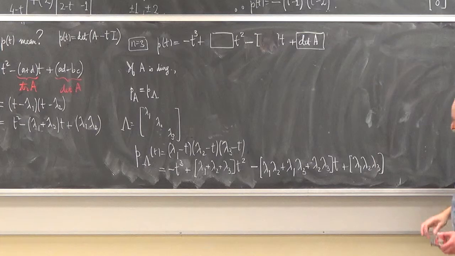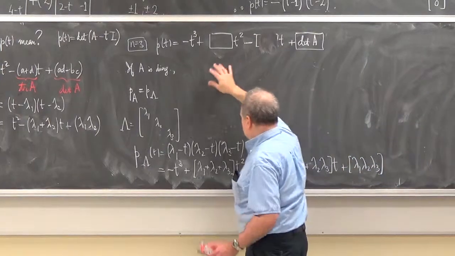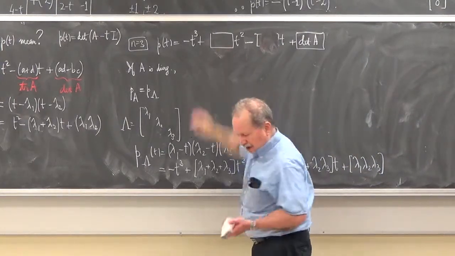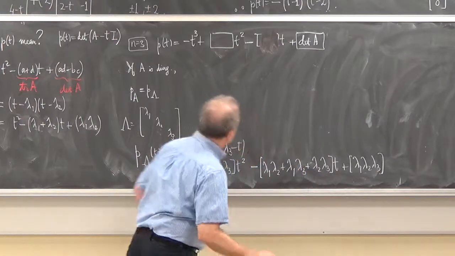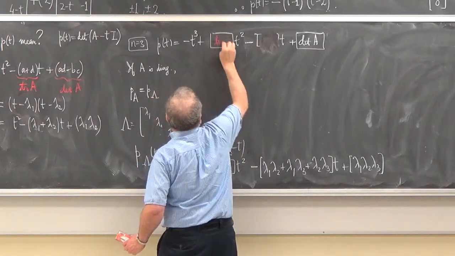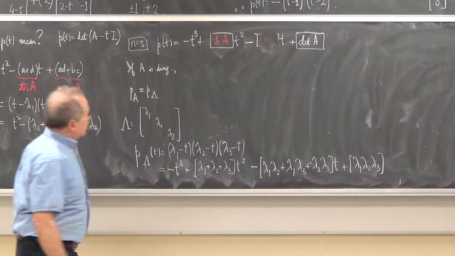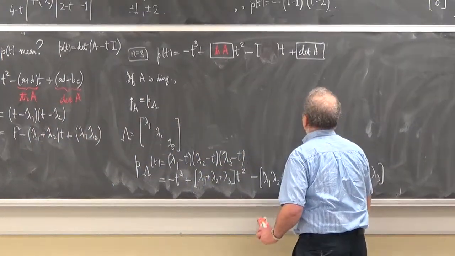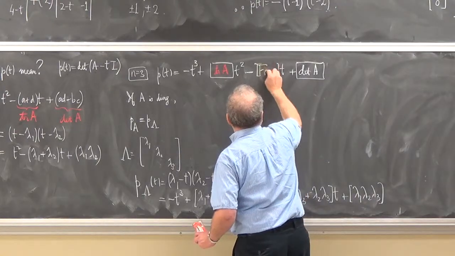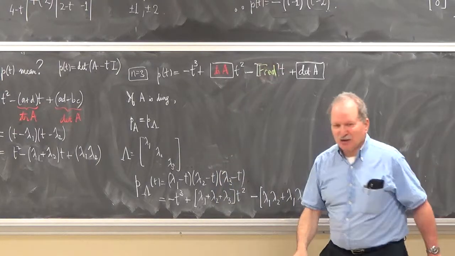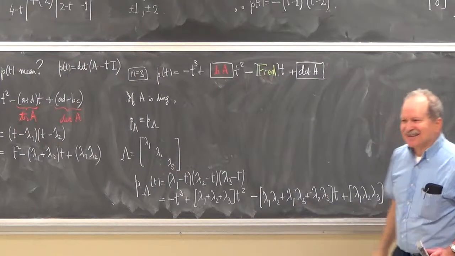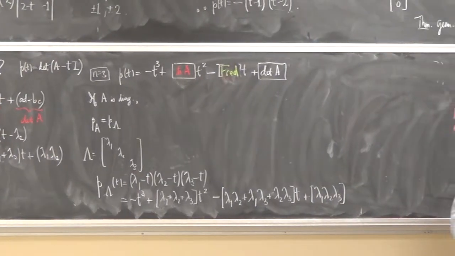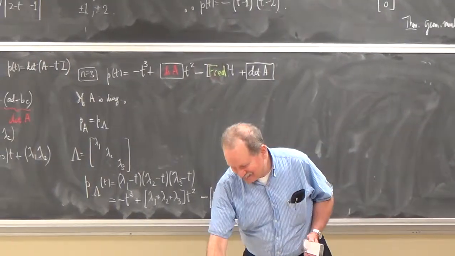So the trace is going to be this guy. Now, what in the world is this coefficient? Some number of books ago, I called this guy Fred. So who's Fred? He's the sum of the products of pairs of eigenvalues.